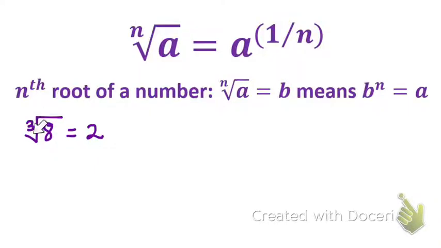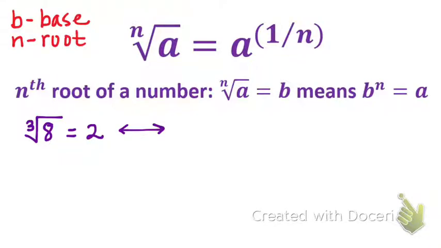Okay? So if you see this, the cube root of 8 equals 2, that's the same thing as saying, if you rewrite it, B is your base, this is your power, A is your answer. So in this example, B represents the base, N represents the root, A is your answer.